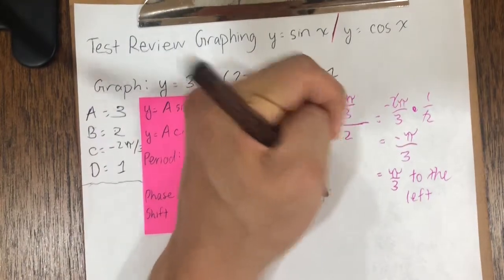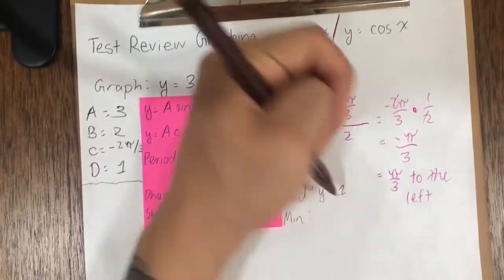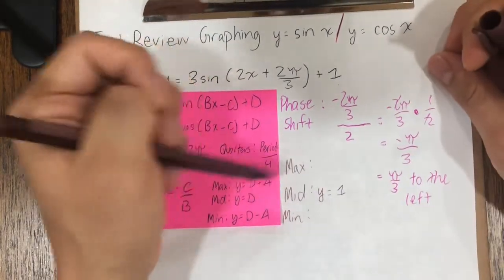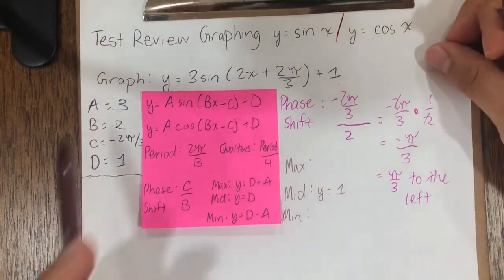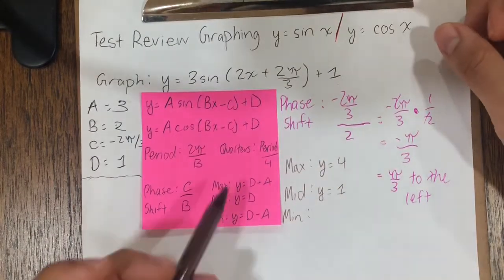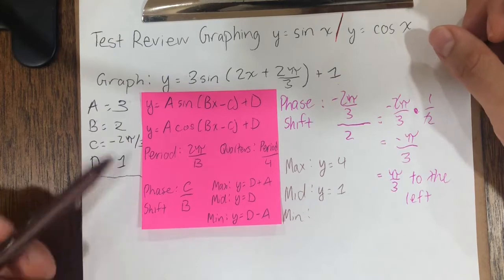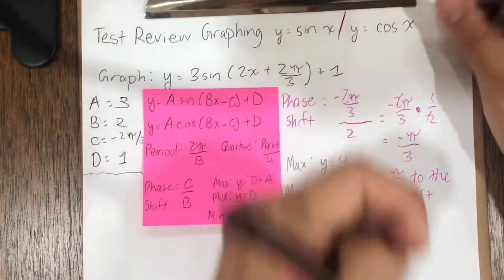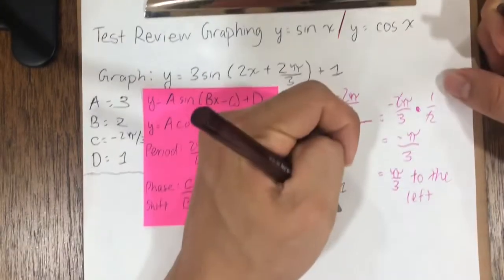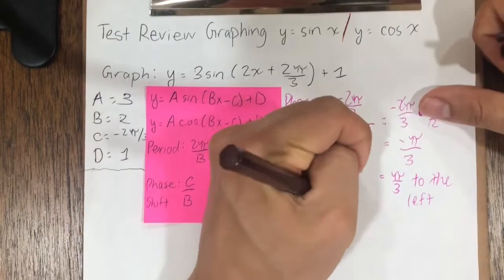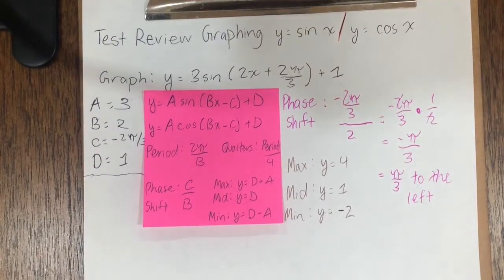So we have y equals 1. So all of my points that are on the midline are going to be at y equals 1. Then we have the max, which I take D and A and add them together. So I should get y equals 4. And then I have my min, which I take D minus A, 1 minus 3. That's going to give me negative 2.